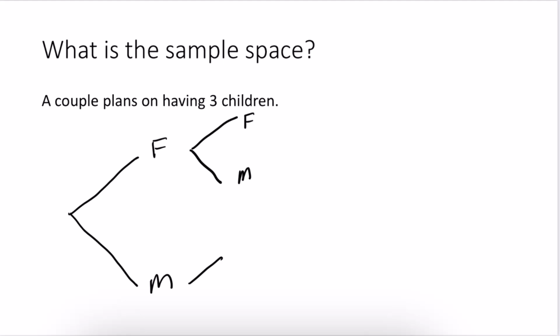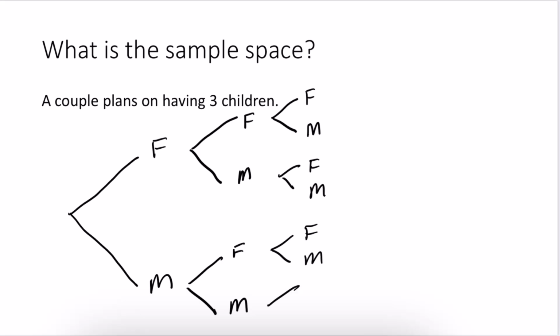Same thing if their first child was a male. So for the second child, the 2 options are branching off of the previous 2 options. Then I would say for their third child, which is the third layer of branches of the tree, again, it would either be a female or a male. And it would look kind of like this.